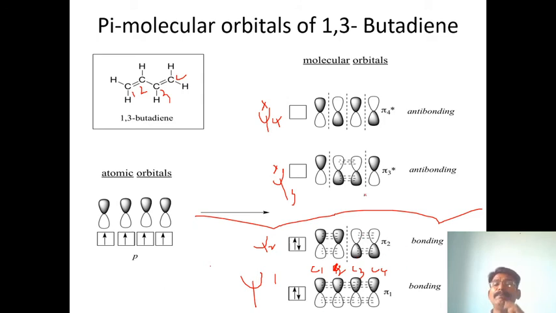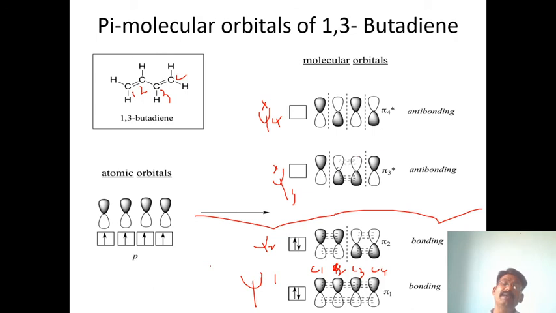And in pi star 3, anti-bonding, here C1, C2 there is one anti-bonding, and C3 and C4 one more anti-bonding are there. But the bonding electrons are present in the C2 and C3. So one bonding, 2 anti-bonding are there.